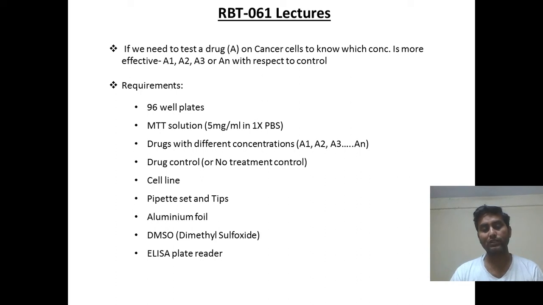If it is targeting another part of the body, like ovarian cancer, we can choose HeLa. In such a way we can choose different cell lines for this MTT assay. Apart from that, we should have MTT, pipette set, aluminum foil, dimethyl sulfoxide, and an ELISA plate reader.